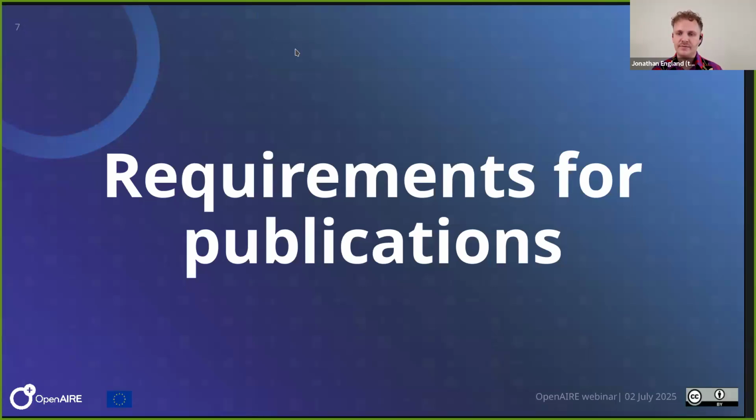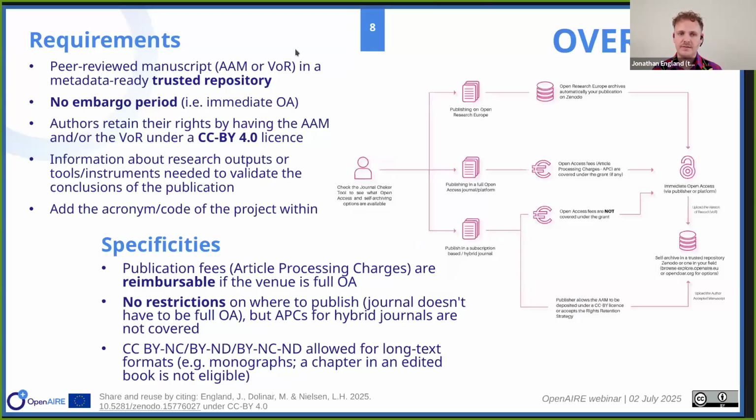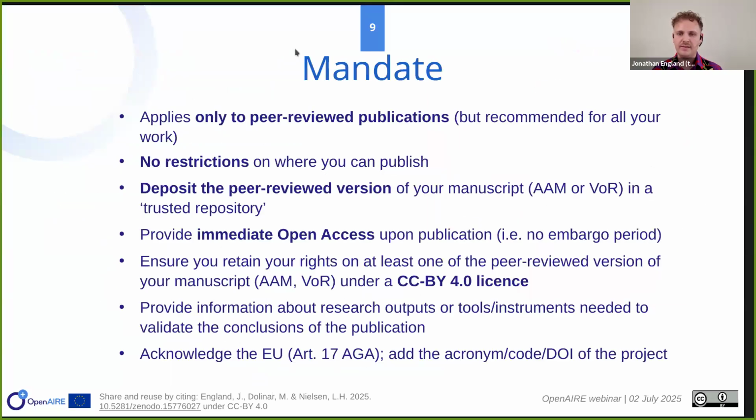So let's start with the open access to publications. So here is just a slide to summarize for you for reference for later, but let's go into a bit more details. So in terms of the policy, the policy only applies to peer-reviewed publications.